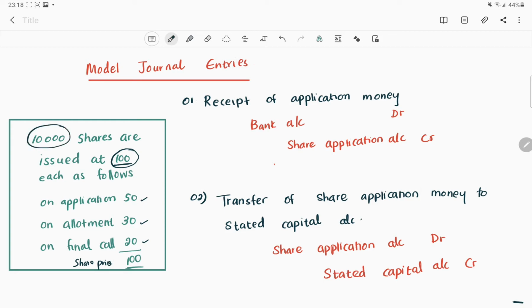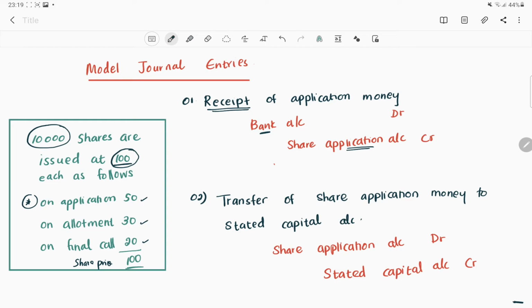So when it comes to the journal entries, first of all, we need to make two entries in relation to the application of shares. Initially, we need to record the entry in order to receive money on application. Whenever you are receiving money, your bank account would be debited, and the relevant amount should be credited to the share application account.